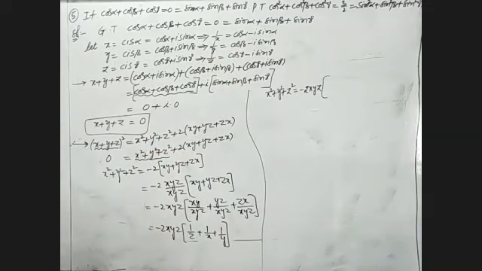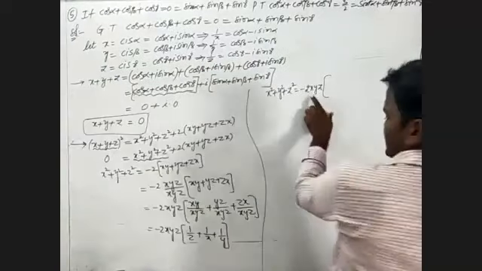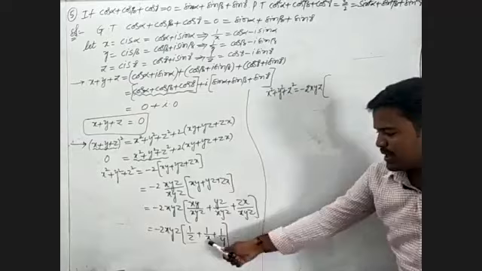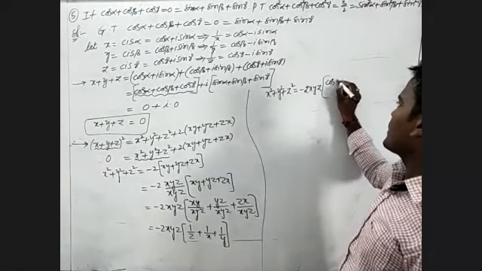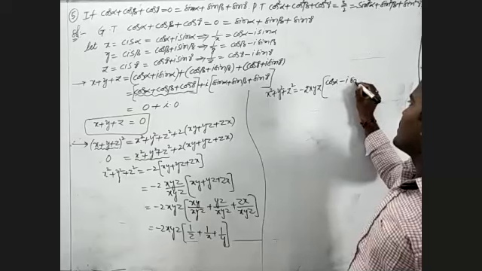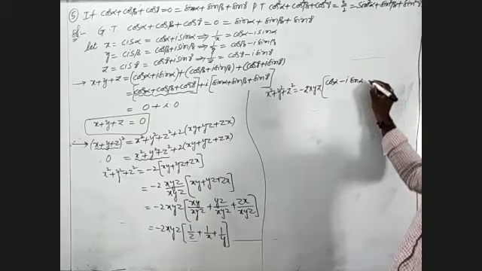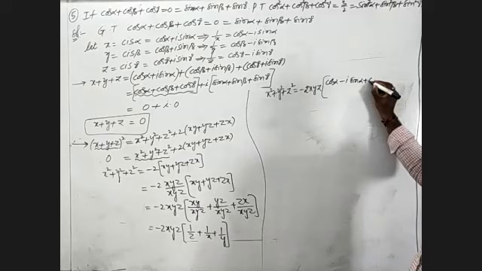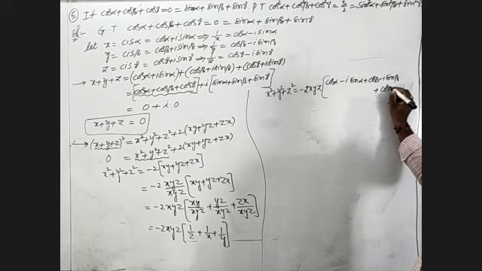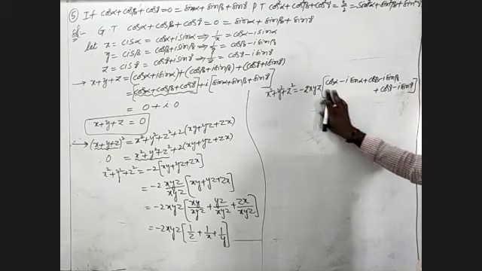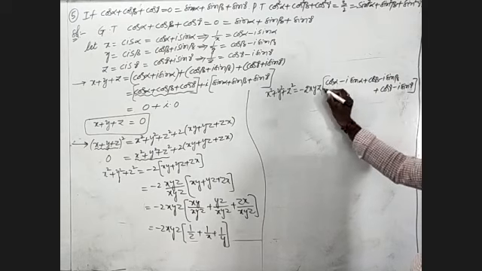That is, minus 2 xyz into, 1 by x is nothing but cos alpha minus i sin alpha, 1 by y is nothing but cos beta minus i sin beta, and 1 by z is nothing but cos gamma minus i sin gamma.